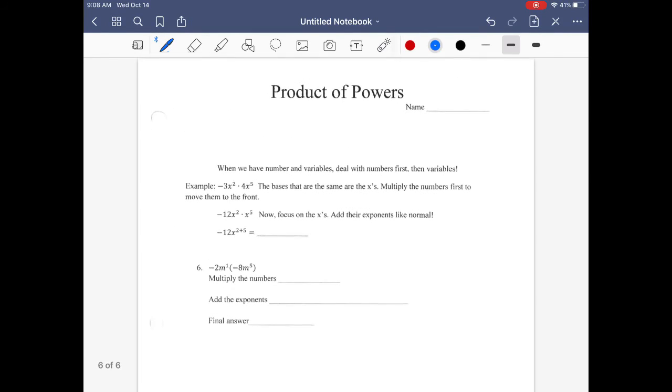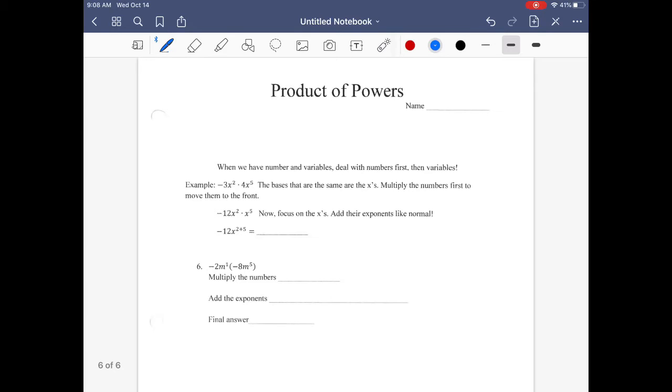In these examples, we have what's called a coefficient, a base, and an exponent. To break it down a little bit, this first term that's shown is negative 3x squared.